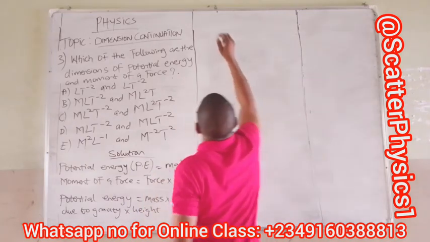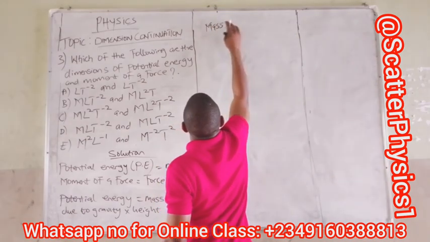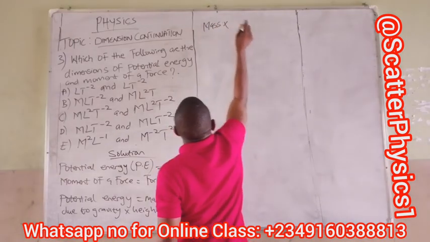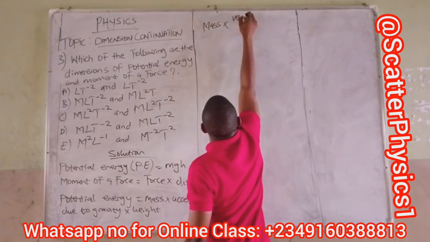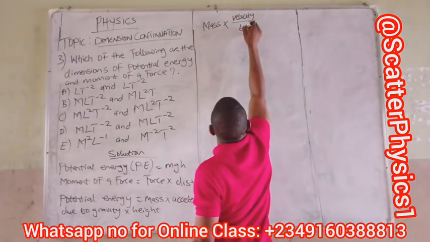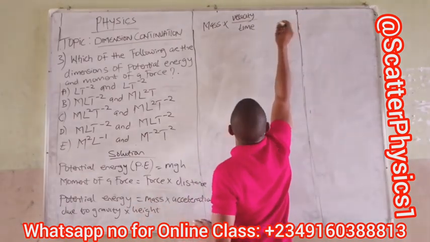And inside this acceleration, we have mass. Mass times, the formula for acceleration is velocity over time, times height.